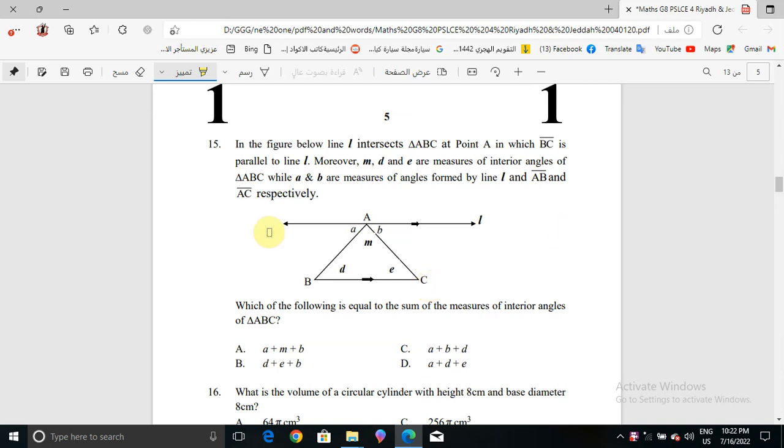Now it's asking which of the following is equal to the sum of the measures of interior angles of angle ABC.